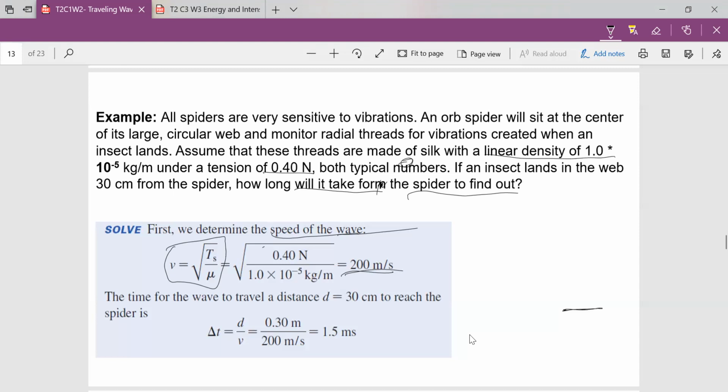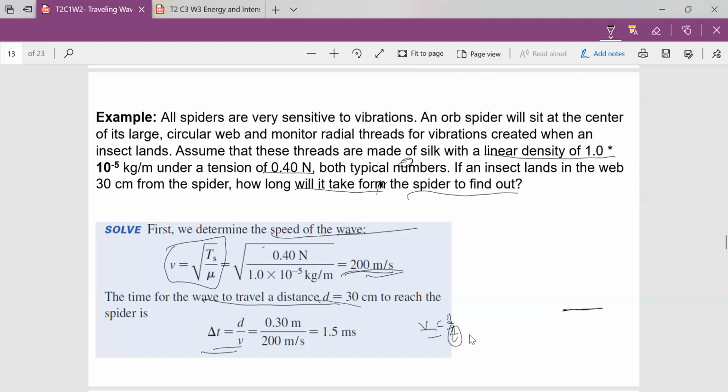Remember, what you're looking for is how long, which is time. So the time for the wave to travel the distance of 30 cm, since we have the speed, we use the formula relating speed, distance and time. We can make time the subject of the formula.